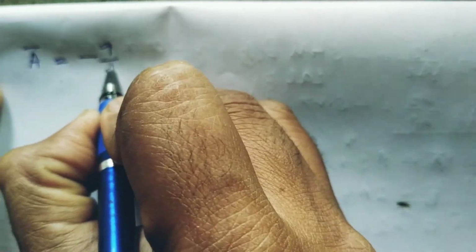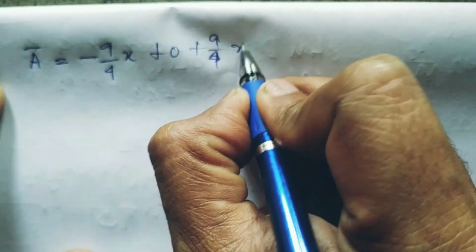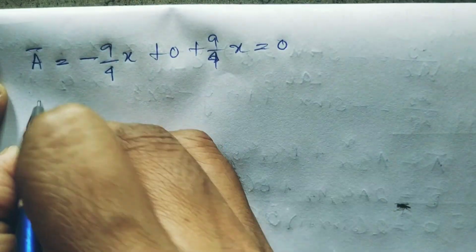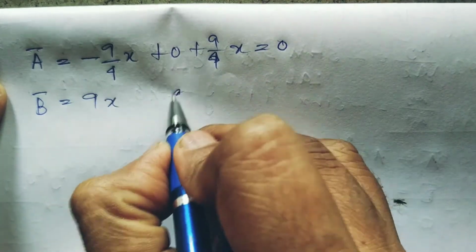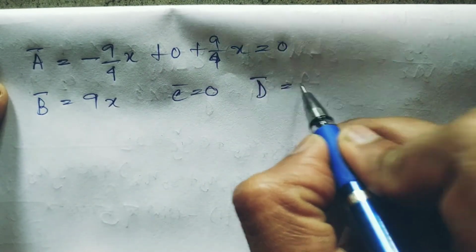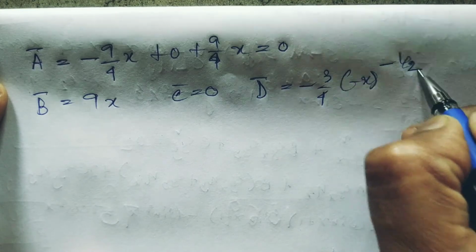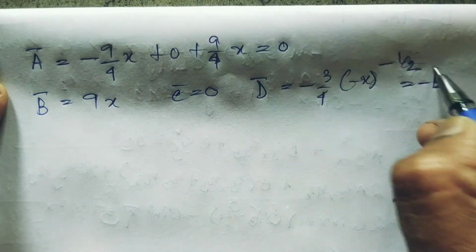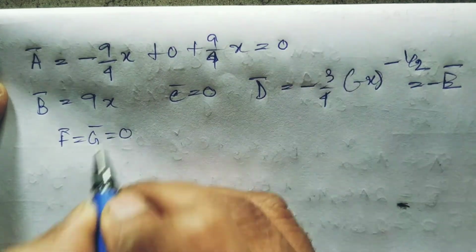Now calculating that, a bar is equal to 9 over 4x, b bar is equal to 9x, c bar is equal to 0, d bar is equal to minus 3 by 4 minus x to the power minus 1 by 2, and the same is equal to minus of e bar. F bar is equal to g bar is equal to 0.